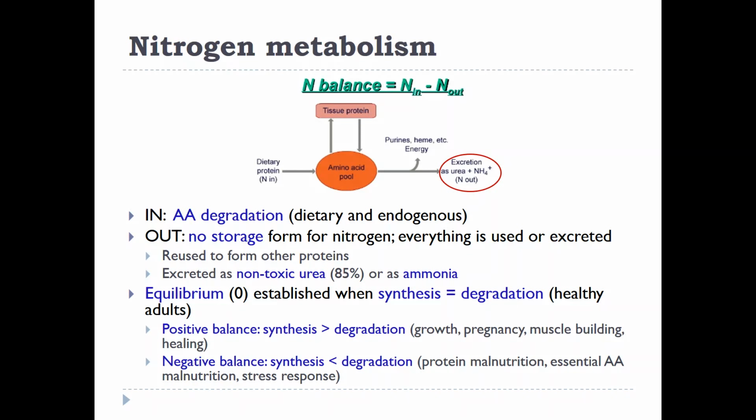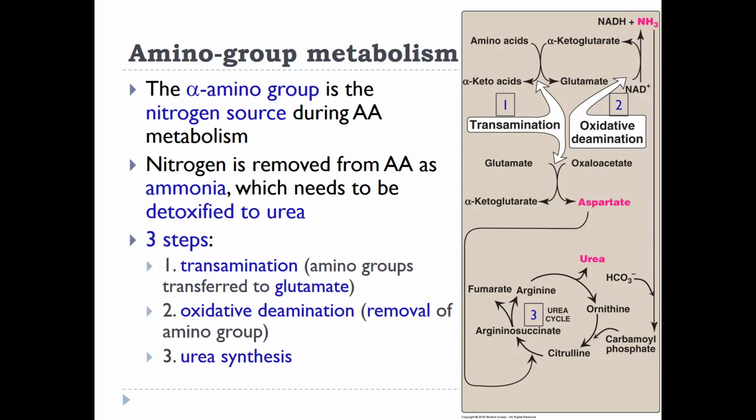We have seen before that the main source of nitrogen is the amino group that gets removed through deamination in the process of amino acid catabolism. The nitrogen that is removed from the amino acid is in the shape of ammonia, which is a very toxic product that needs to be detoxified in the form of urea before it gets excreted into the urine. The removal of the amino group from amino acids occurs in 3 separate processes or steps.